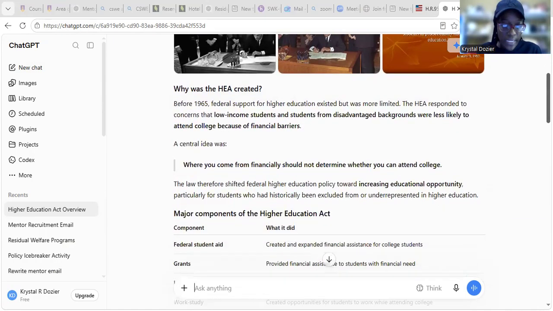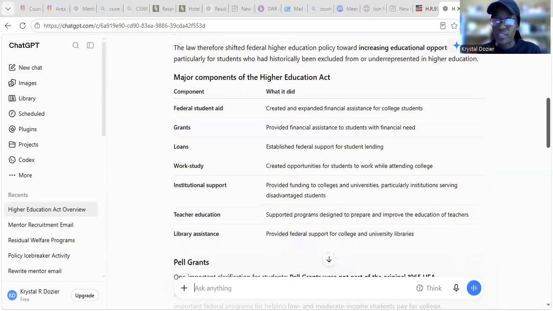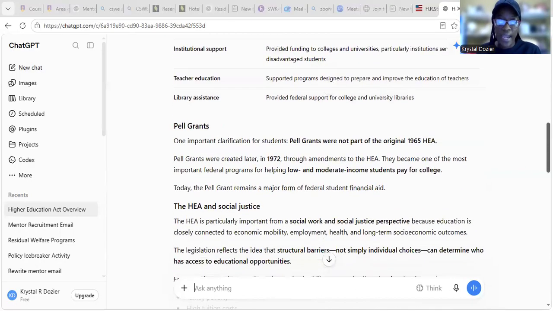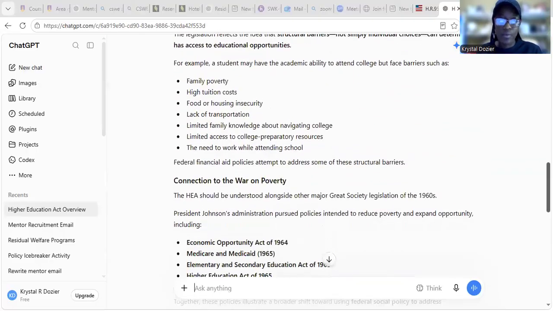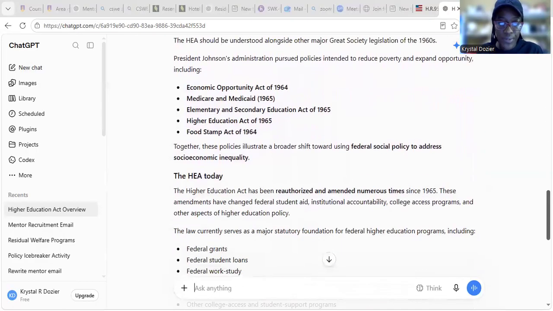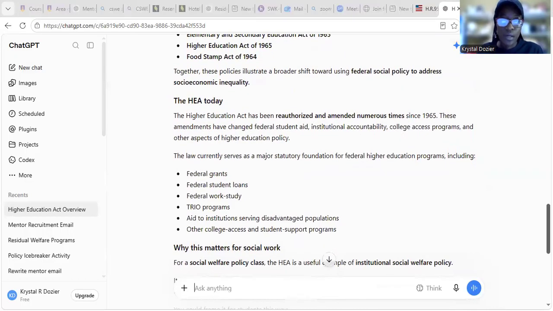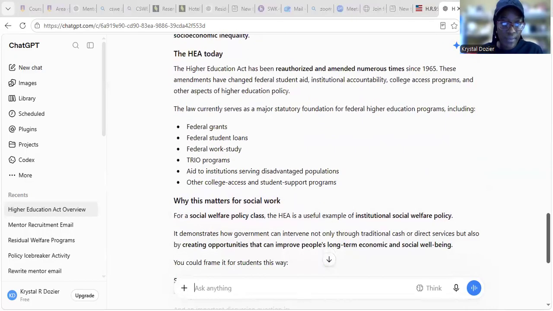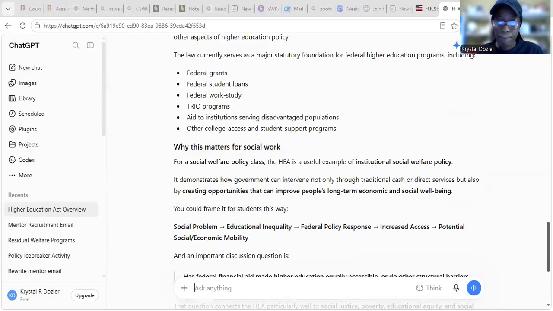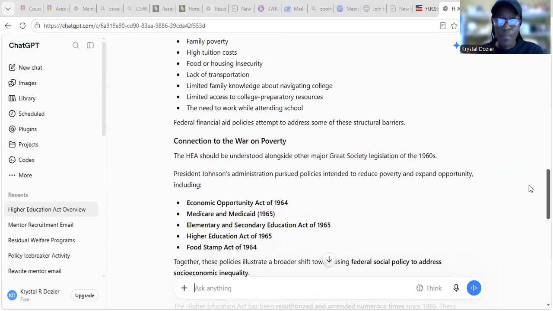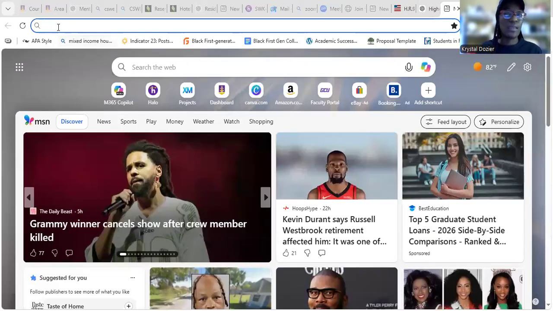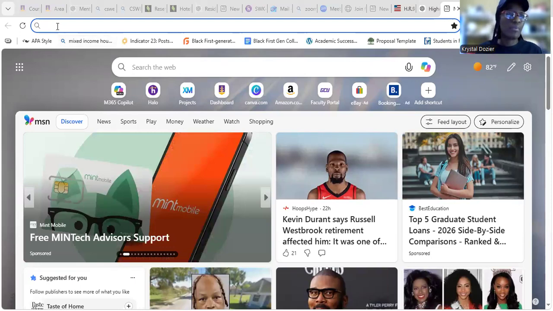As you take it here, it gives you a foundation. It breaks down, right, key pieces of the Higher Education Act. Now, what could I go to? If I wanted to focus on, it even talks about higher education today. Maybe now I go in, and you can go even into the library, right?